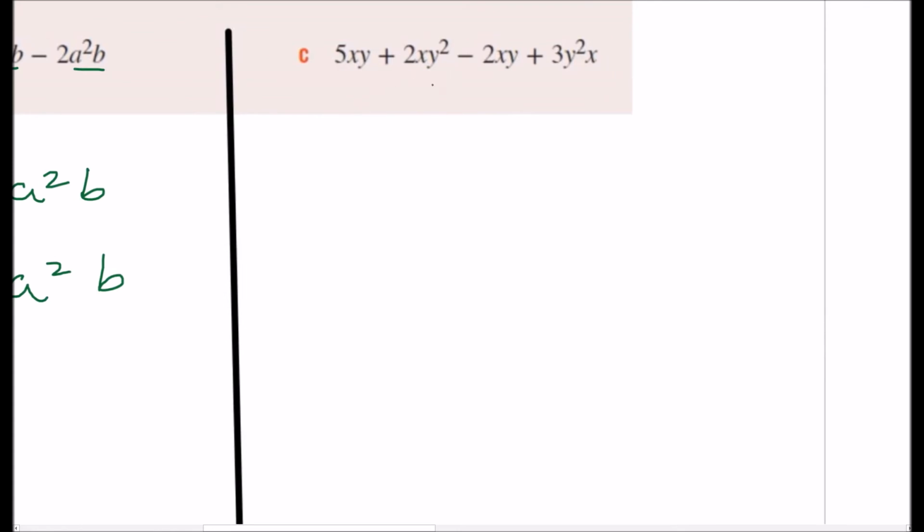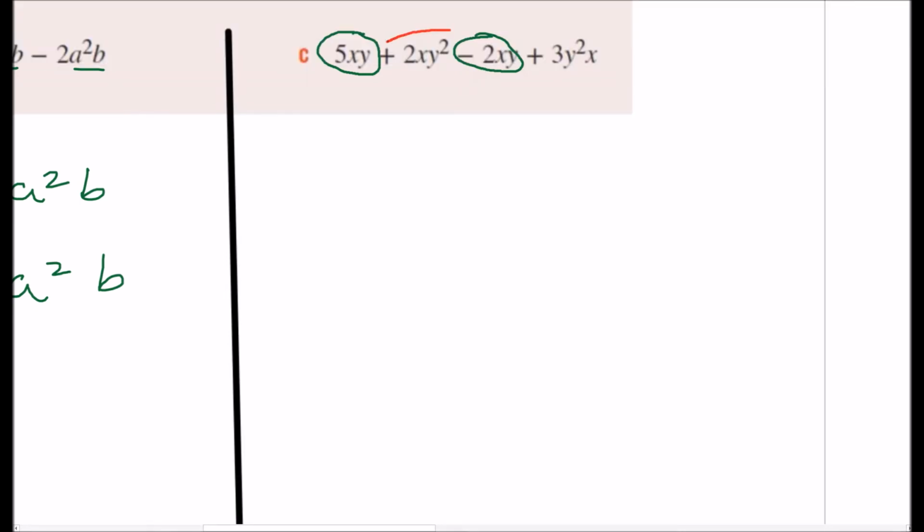5xy plus 2xy squared minus 2xy plus 3y squared x. Now this has 4 terms, which can get a little complicated, but again, just look out for the like terms. I'm going to circle them for you. 5xy. Are there any other xy's here? Remember, same variable, same indices. I can see that negative 2xy is a like term. That's one pair.